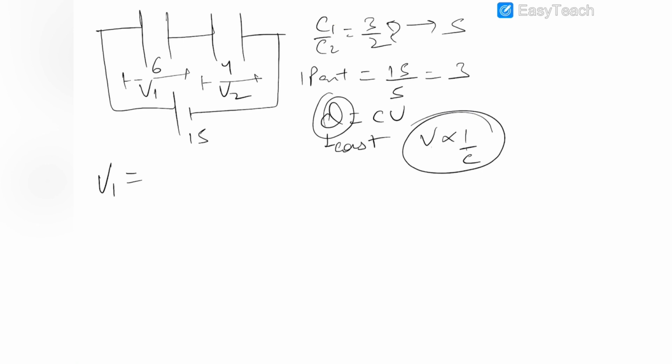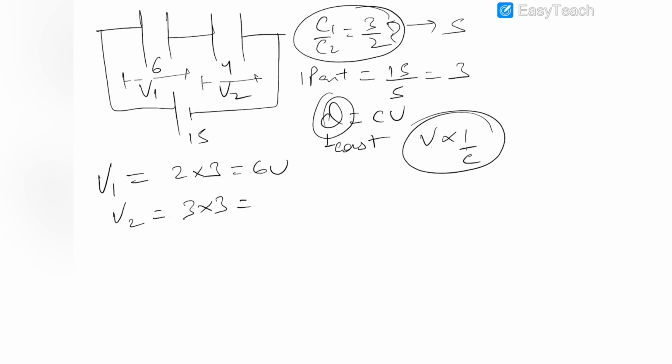So you can say that V1 would be 3 parts, 3 into 3, which is 9 volt, and V2 will be 2 parts. In fact, V1 would be in reverse ratio. So V1 would be 2 parts. So this is 2 into 3. This is 6 volt. And V2 will be 3 parts. This is 3 into 3, which is 9 volt. Okay. So these are the voltages on these two capacitance.